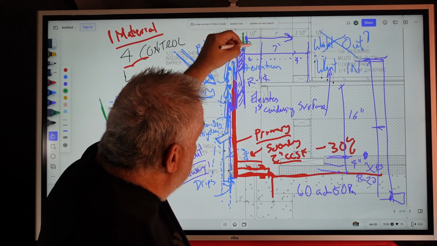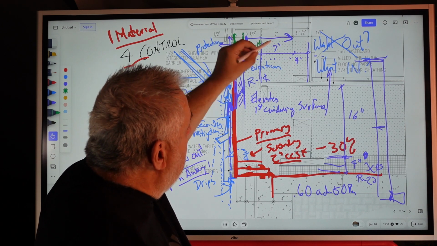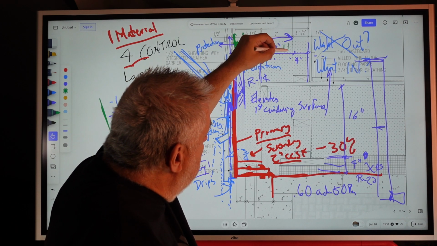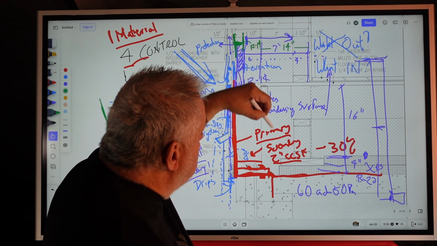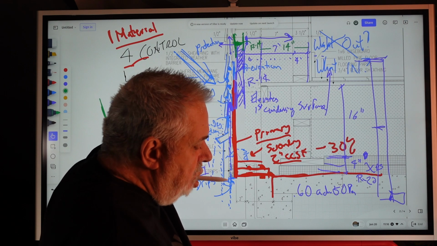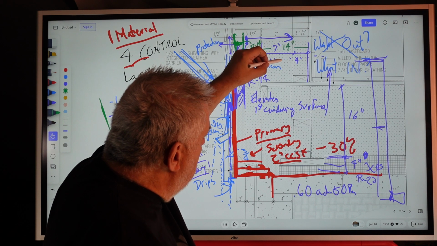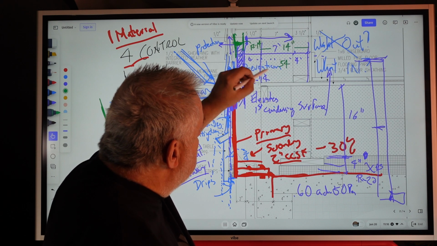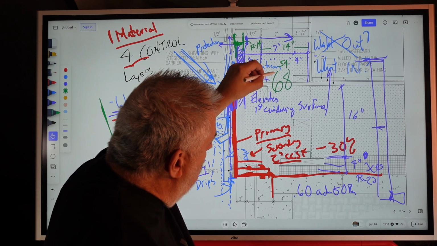That is, let's just say R14. It's R13, 14. And then we have 14 inches of cellulose across there. So the 14 inches is 40, 56. Let's just say that's like 54. So 54 and 14, that's an R68 wall.